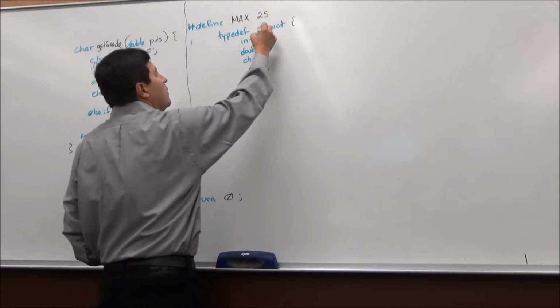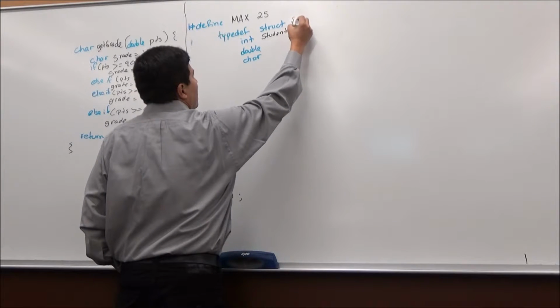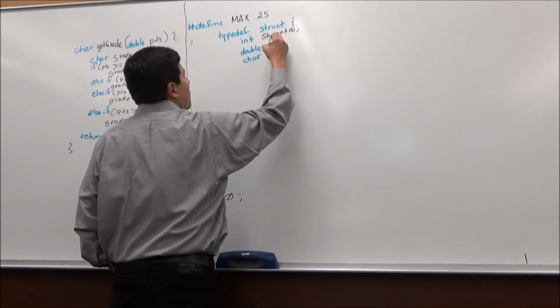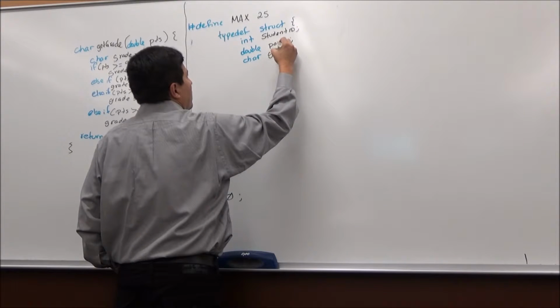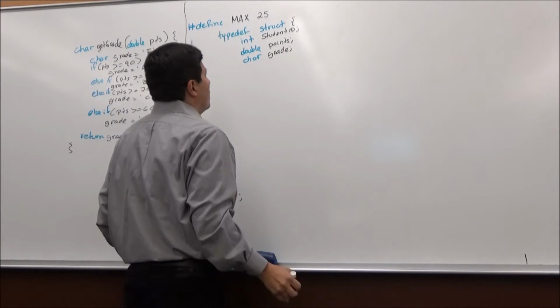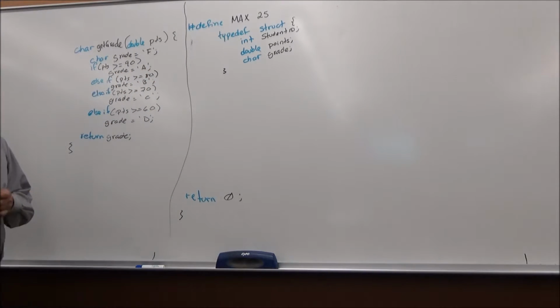I had student ID, I had the points, I have the grade. But notice I don't have the array yet.